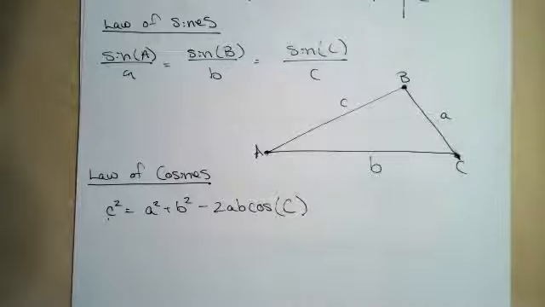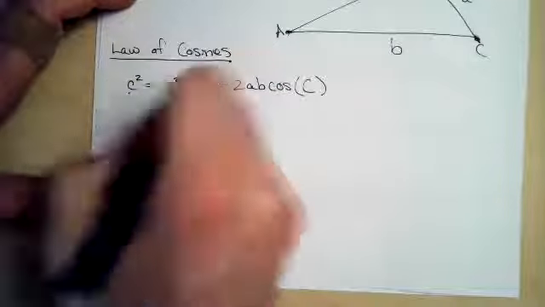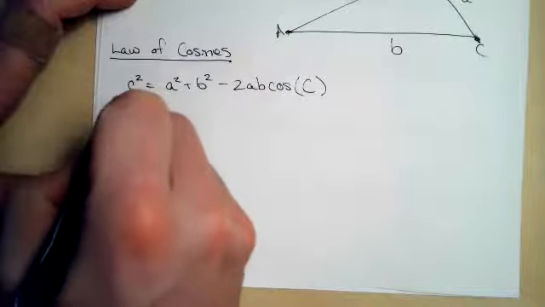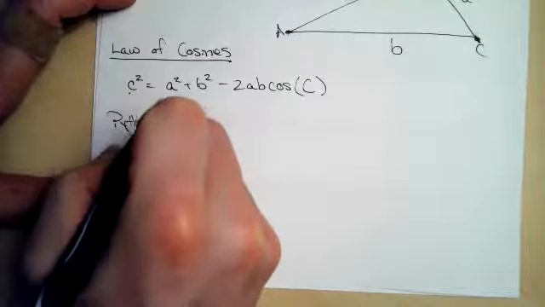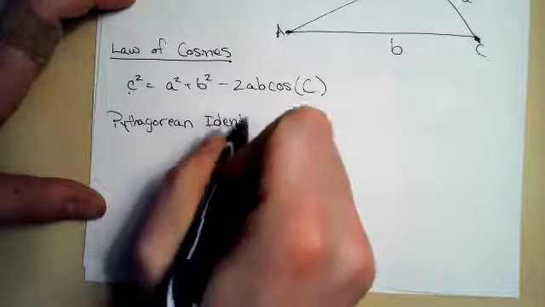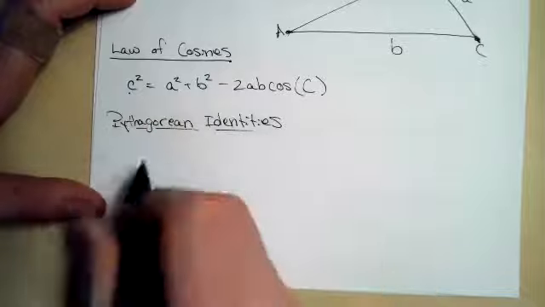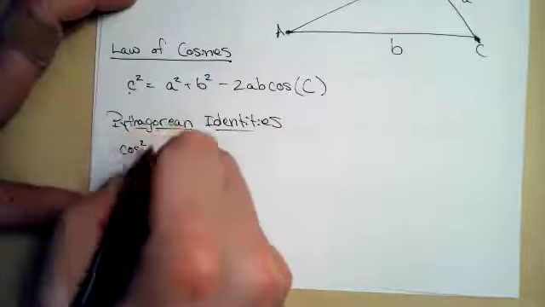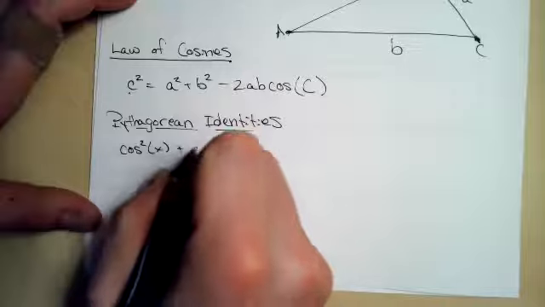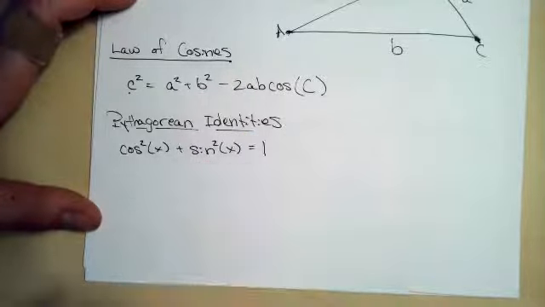What else? Any of the basic ones, the Pythagorean theorem, so for right triangles, cosine squared plus sine squared x equals 1.